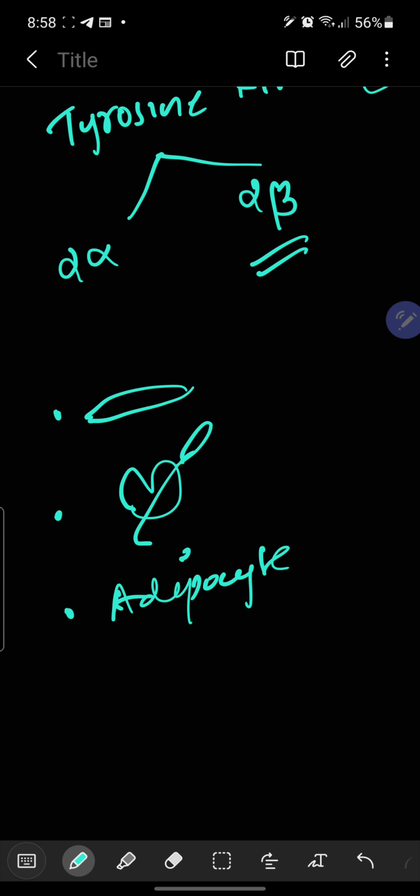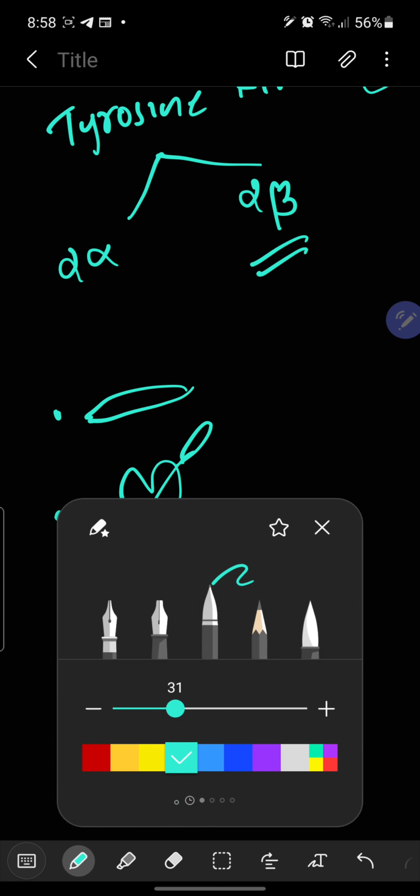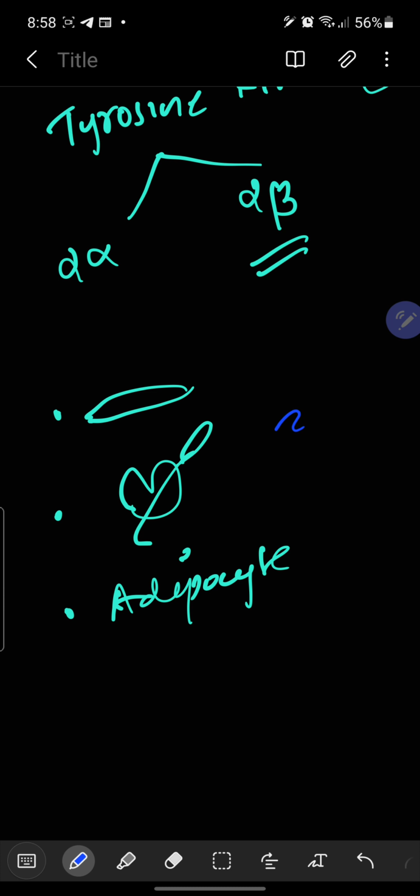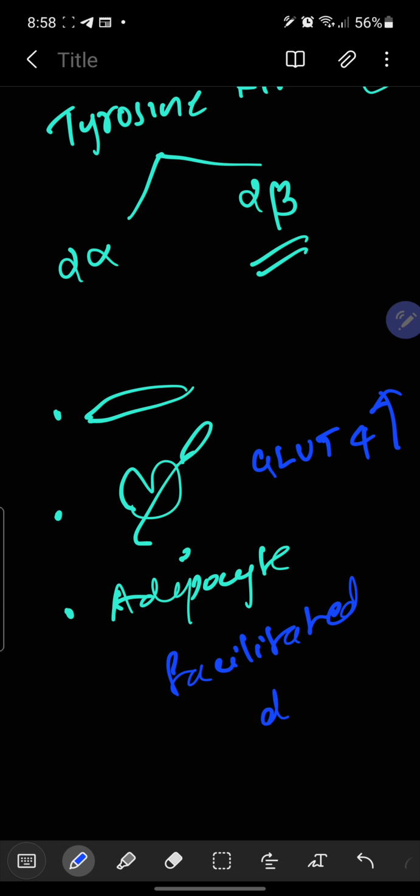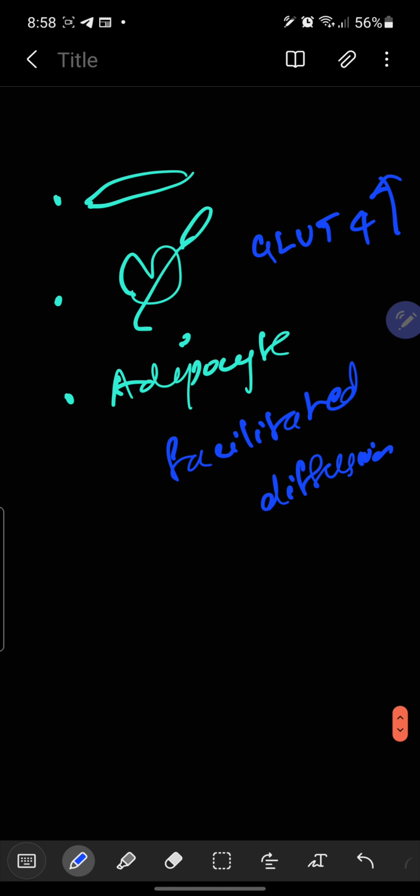So when insulin binds to these receptors, the level of GLUT4 molecules will be increased, and hence by facilitated diffusion, glucose will be taken up by the cells, and it will result in a decrease in blood glucose level.